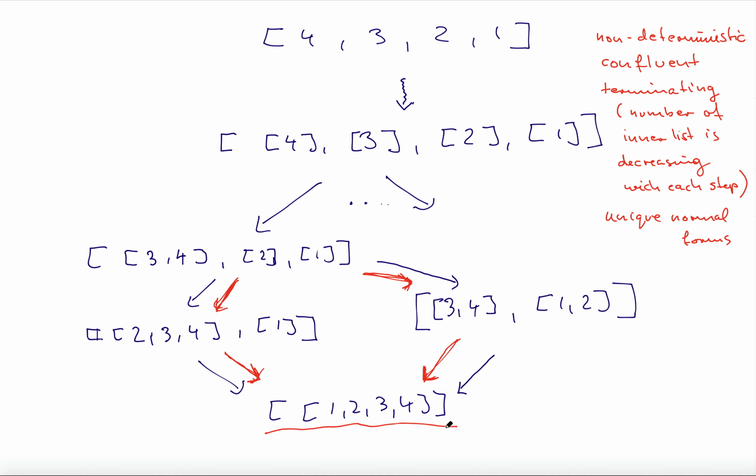Okay, so next thing that is interesting to talk about is that this non-determinism here can be exploited to increase the efficiency of the algorithm. So let's talk about that. In particular, I want to look at going around here on the left-hand side, and I want to look at going around here the right-hand side.